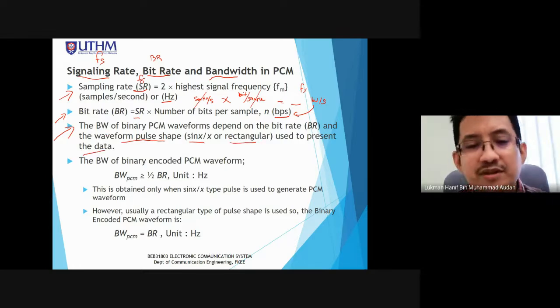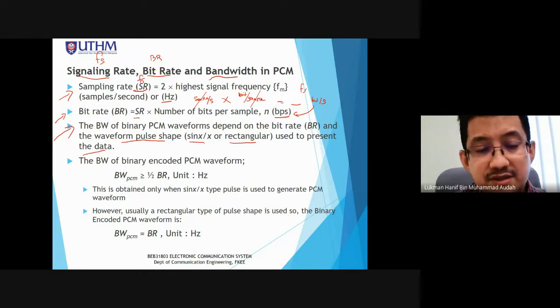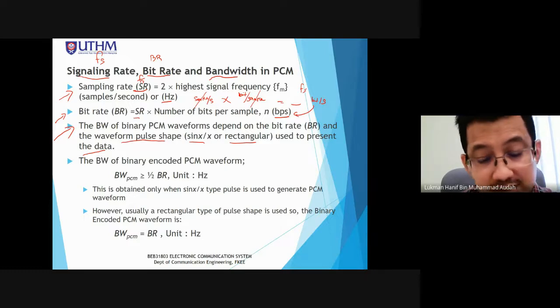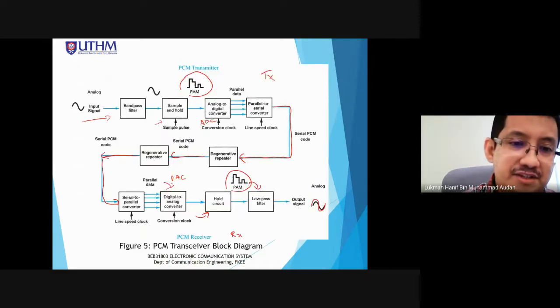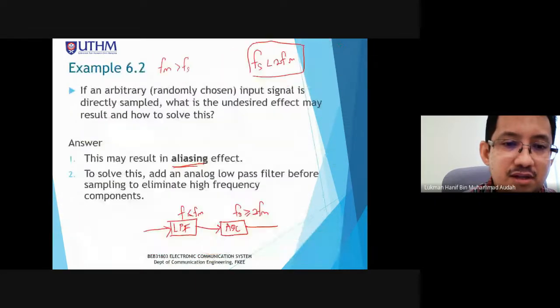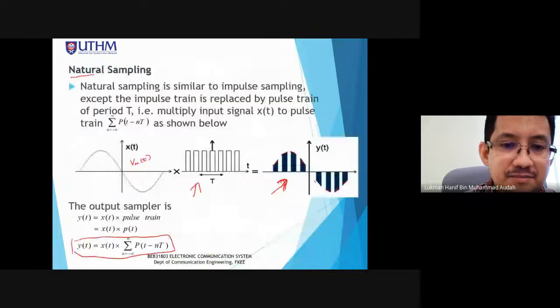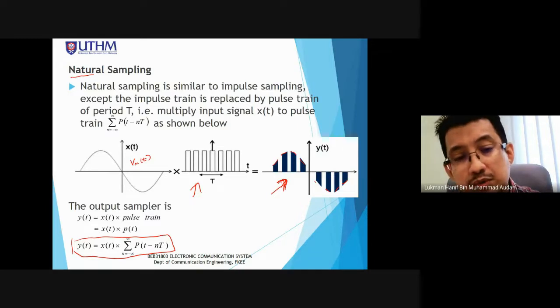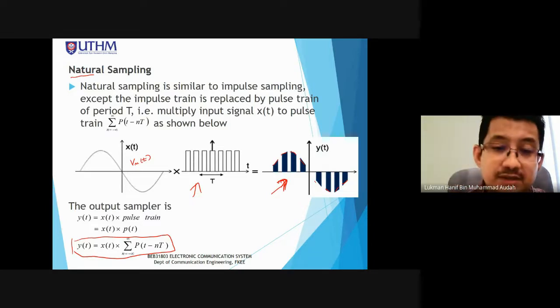Apa benda ni? Okay, so kalau you lihat di sini, sinc function or rectangular, this is related to the sampling process. Ini kita flashback sekejap. Apakah bentuk waveform yang kita gunakan untuk proses sampling? Adakah rectangular pulses ataupun sinc function yang digunakan?